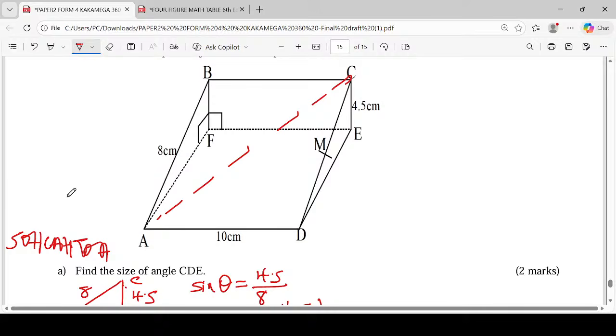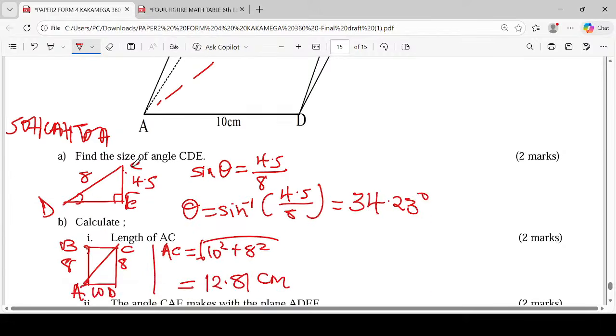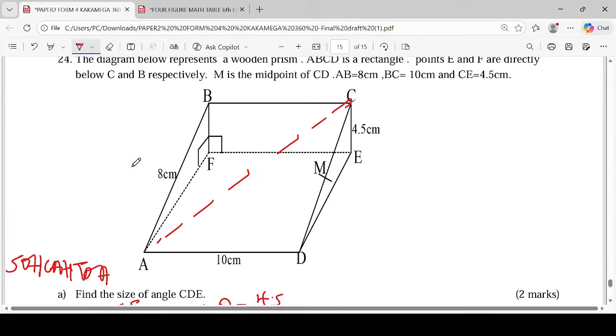So you need to be very keen with such a part. They want CAE and the plane AFED. So here we are going to need a lot of concepts for us to be able to apply, but I'm going to simplify my explanation so that my gentlemen and ladies can easily relate.